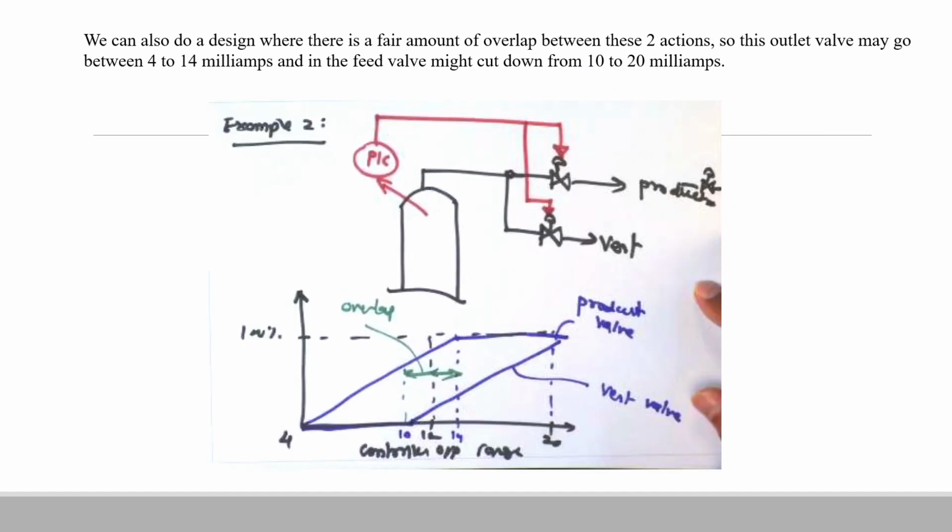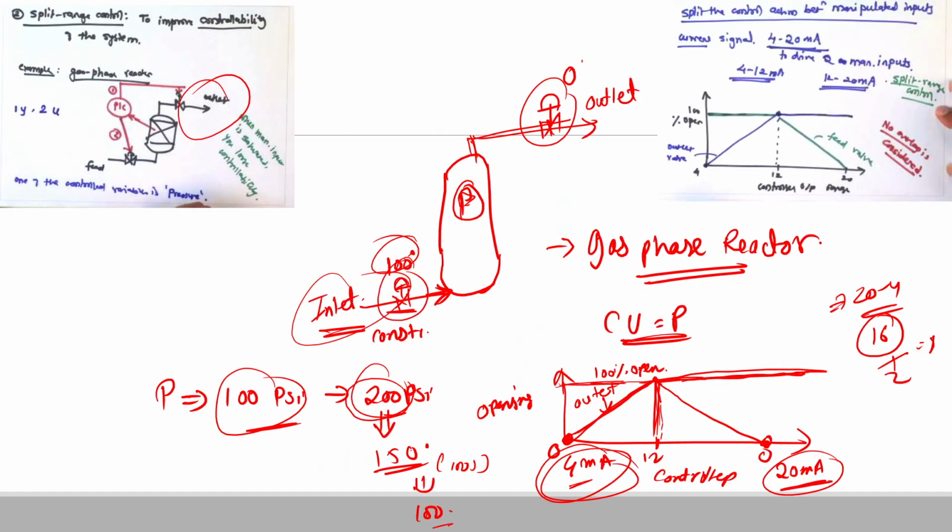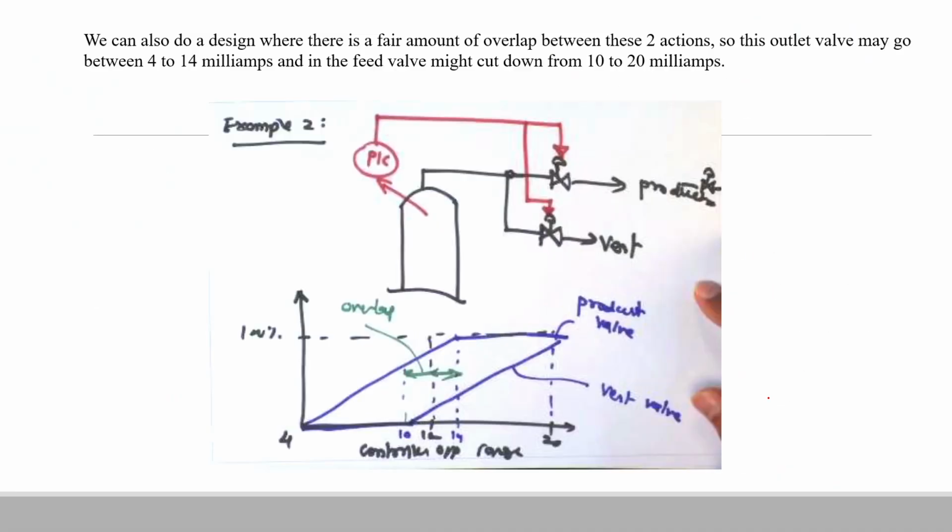We can also develop a design whereby there is a fair amount of overlap between these two actions. Over here we can see that there is no overlap. Once this valve has become 100% open, only then will the second valve take any action. We can also make this overlapping action, as shown in this diagram, at 10 milliampere.